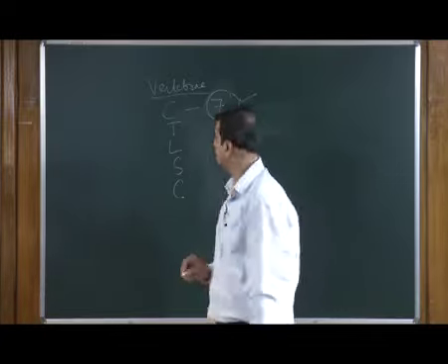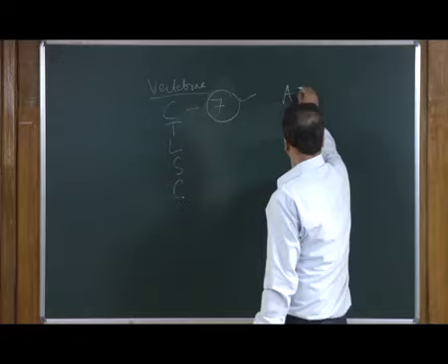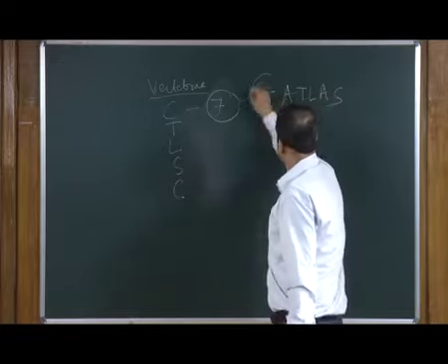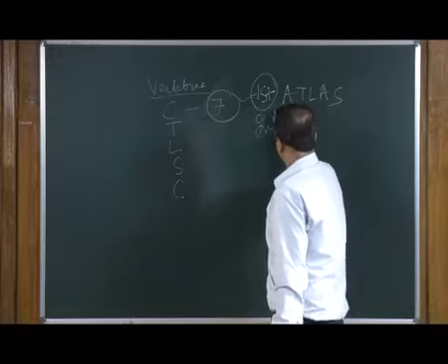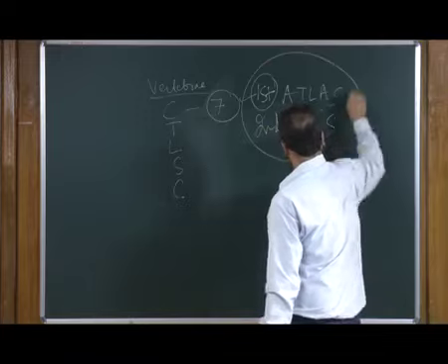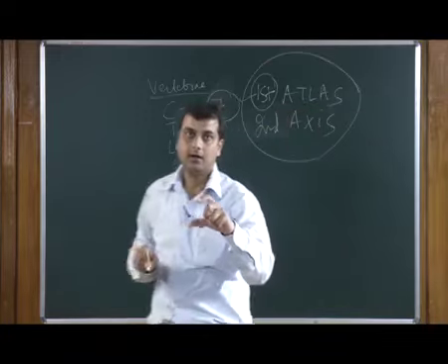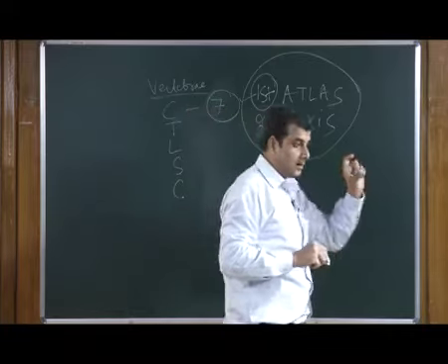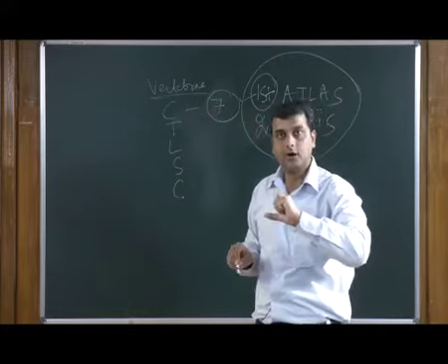The first cervical vertebra is called atlas, and the second vertebra is called axis. These 2 vertebrae are at the top of the vertebral column.